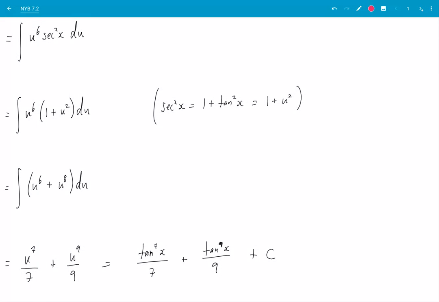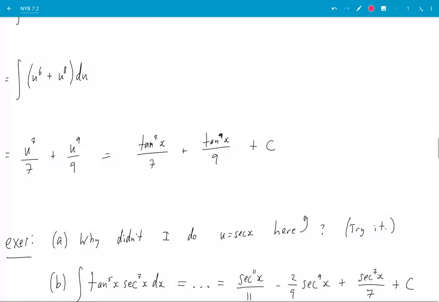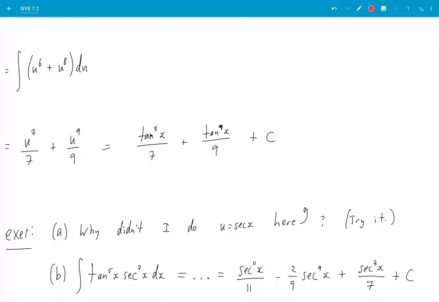Now, why did I not do u is equal to secant x? So pause and copy and ponder these two exercises. Now, if I were to do secant x, what would happen?